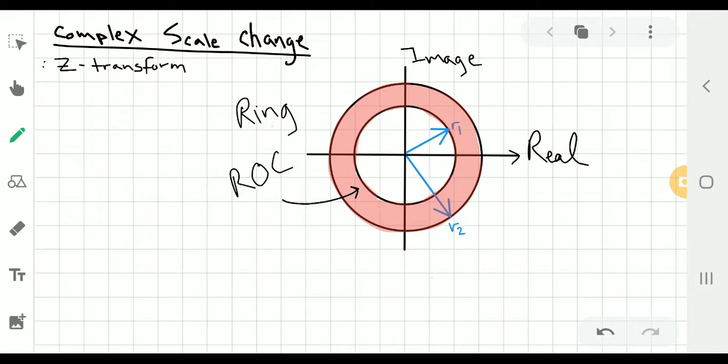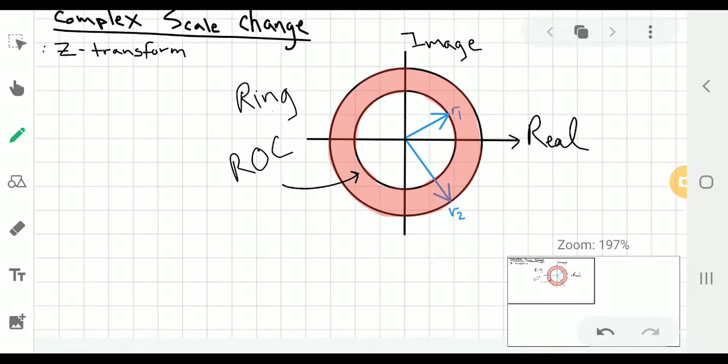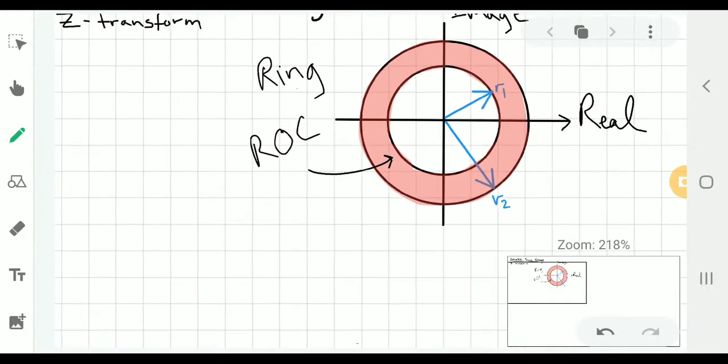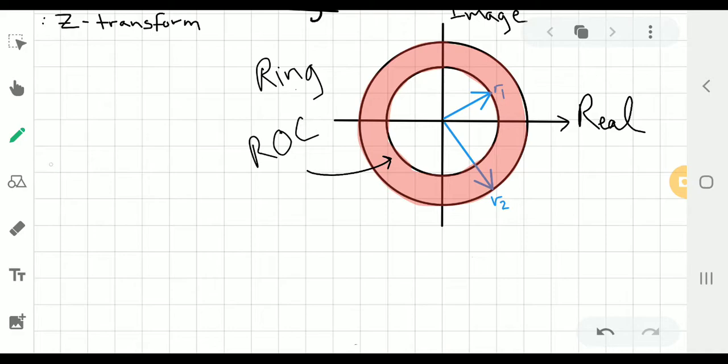Let me zoom in a little bit to get more area. Let's say we have w to the minus n, x of n, where w is a constant, so it's used more as a scaling factor.